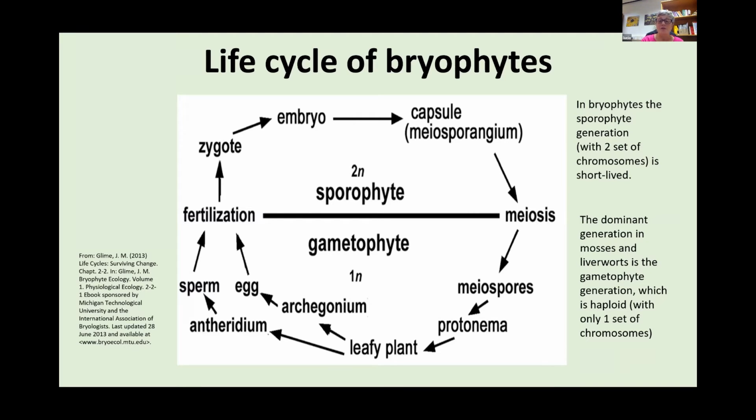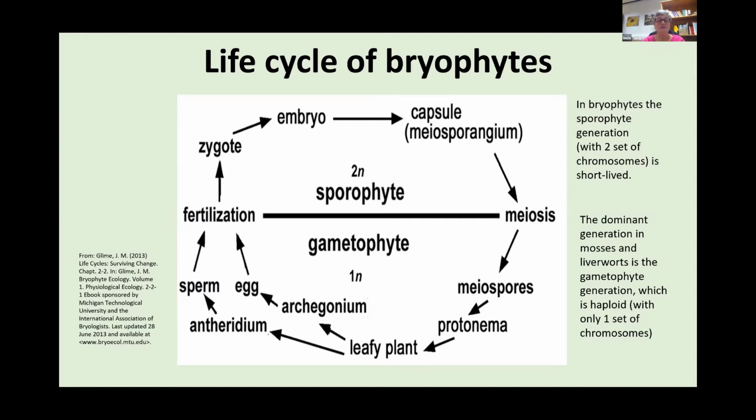The protonema then sprouts buds, and each of the buds will form a leafy plant. Basically, the first part of the life of the gametophyte generation of the bryophytes is the protonema.